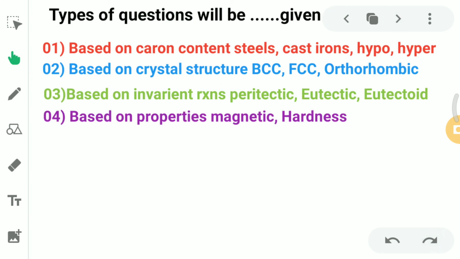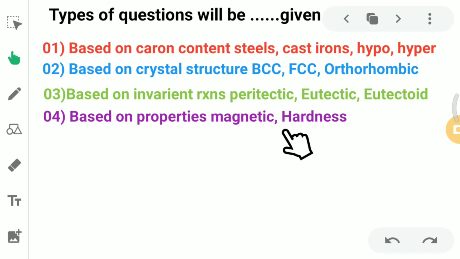And another type is based on properties. At what temperature the material loses its magnetic properties. We told that one first, friends. The Curie temperature for iron, cast irons and steels is 768, and for cementite we have 210 degrees as the Curie temperature, friends.